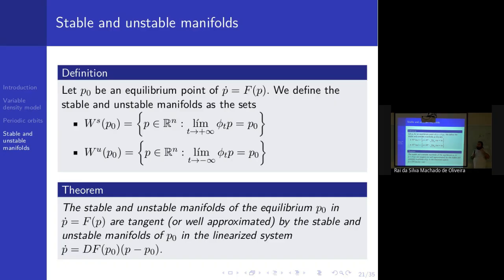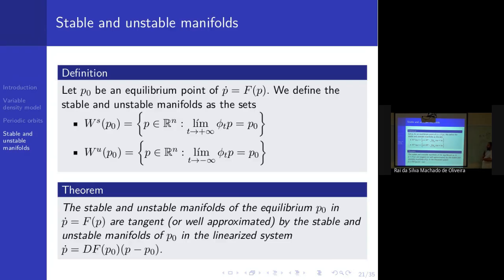A stable manifold of an equilibrium point is the set of all trajectories that converge to the equilibrium point. So here, the stable manifold of the equilibrium point P0 is the set of all points that, as time goes to infinity, the trajectory ends up in the equilibrium point. The same happens with the unstable manifold, which are the trajectories that start in the equilibrium point.